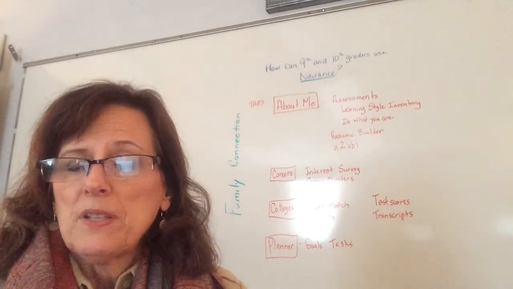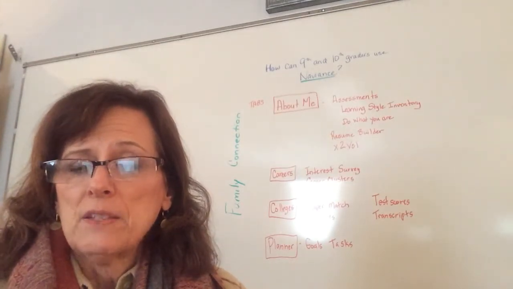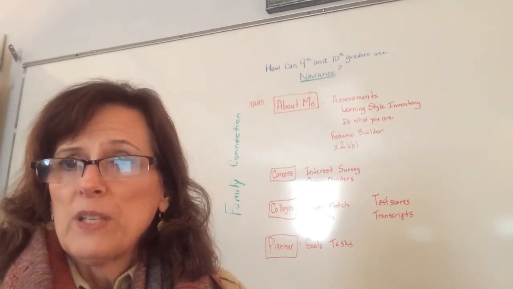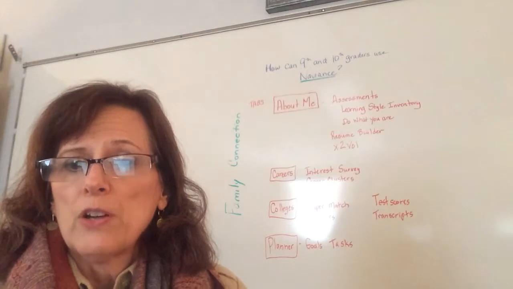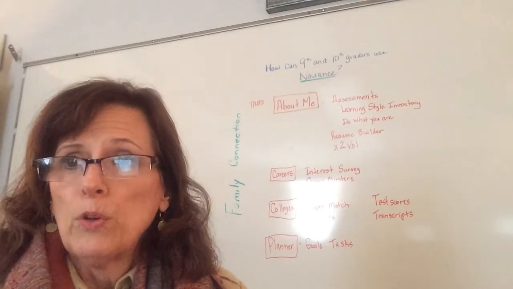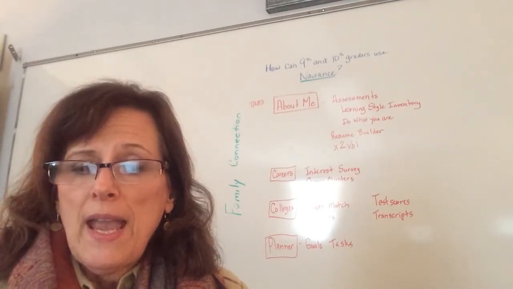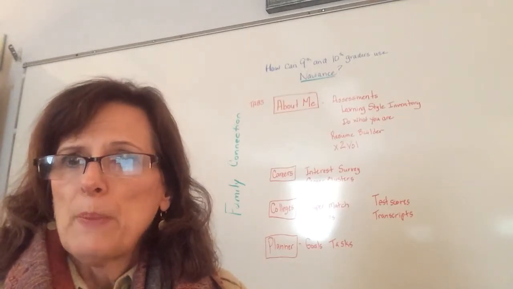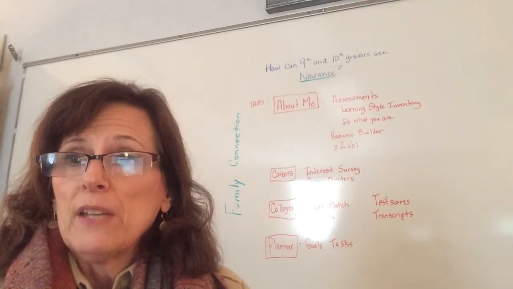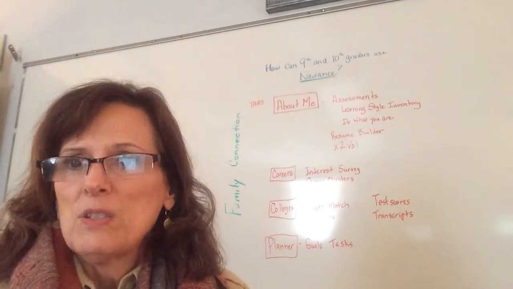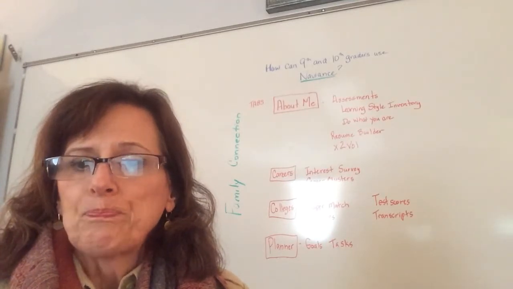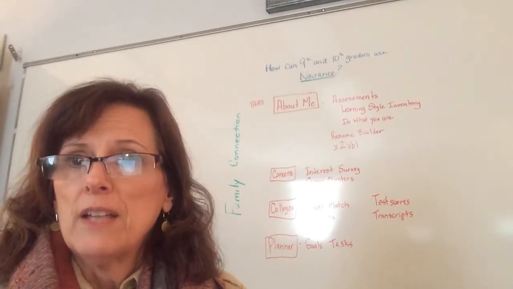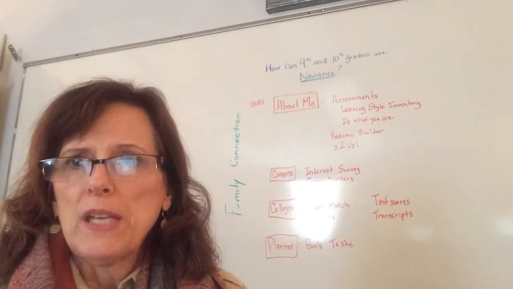One of the tabs on the Family Connections Naviance page is About Me. This is a great place, and this is where we start with the 9th and 10th graders. There are several assessments that we'll do one at a time, and they can do things like learning styles, which we talk a lot about, how they are building their transcript right now today, and their learning style is important, that they start to differentiate and discover their strengths and their weaknesses.